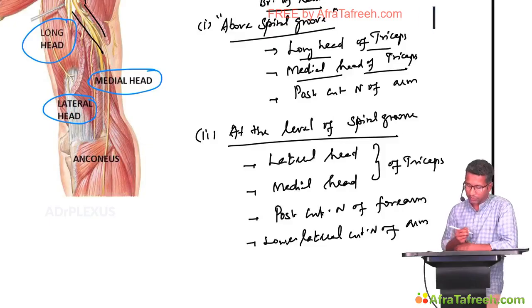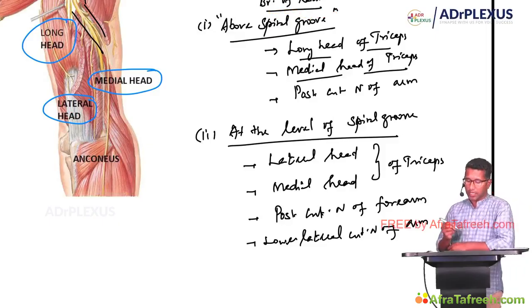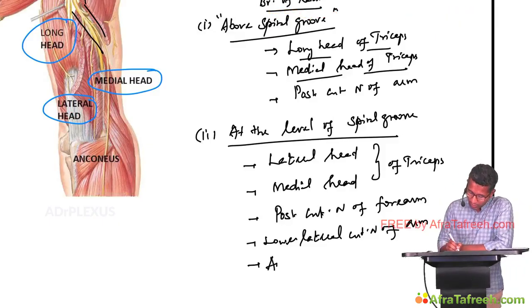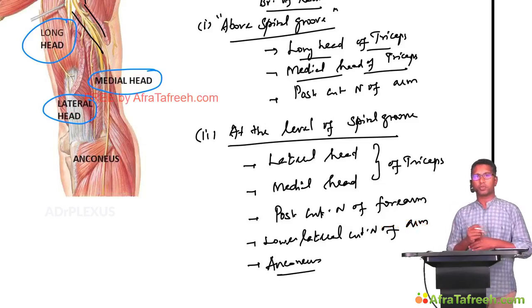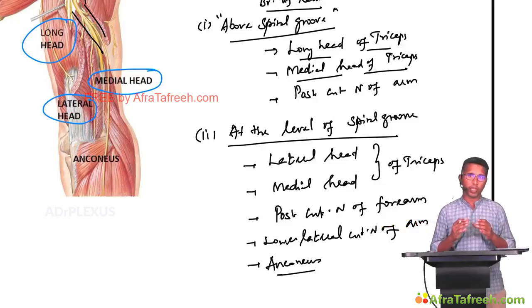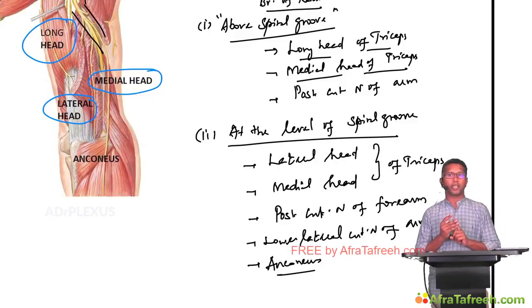These are all the branches which arise from the nerve at the level of spiral groove. In addition to that, anconeus muscle is also supplied when the nerve is traveling in the spiral groove. So when the radial nerve travels in the spiral groove, please remember guys, it supplies the lateral head, the medial head, and it also supplies the anconeus muscle.